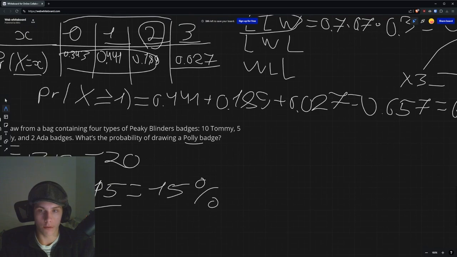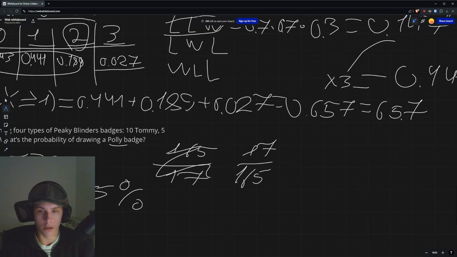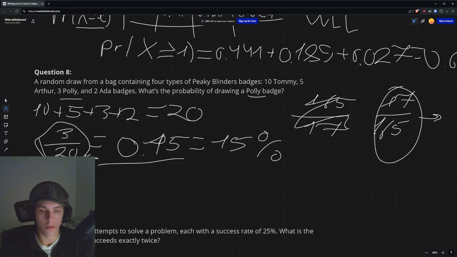But if you have something like 165 over 17, or 17 over 165, you can't convert that to a decimal without rounding down or rounding up. So if you want to make your answer as exact as possible, just leave it as a ratio, not a decimal, so you'll save extra time as well.